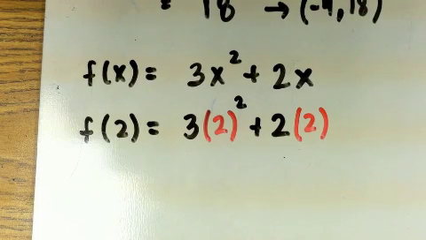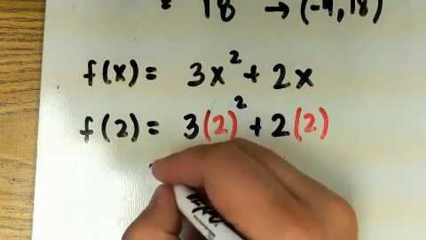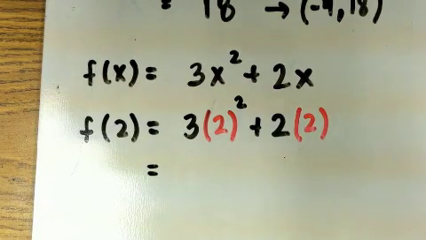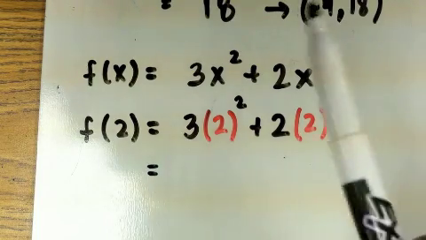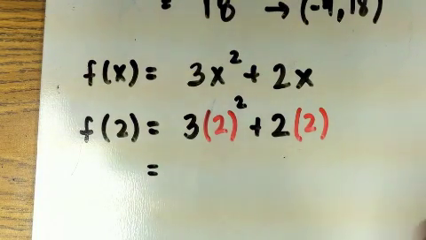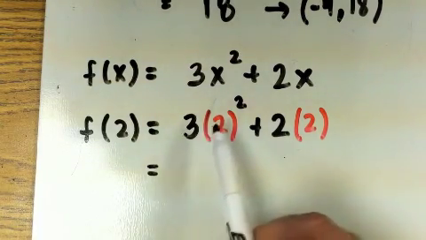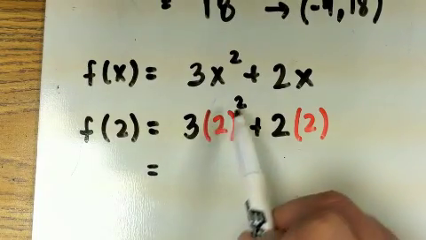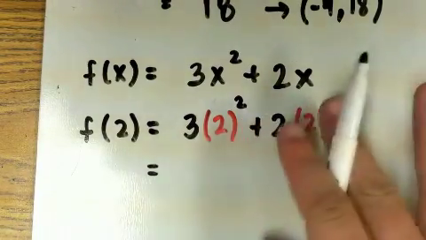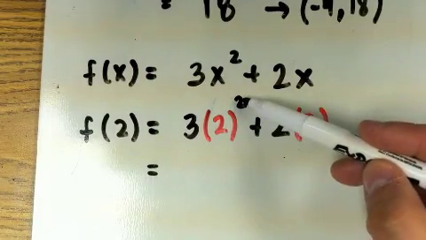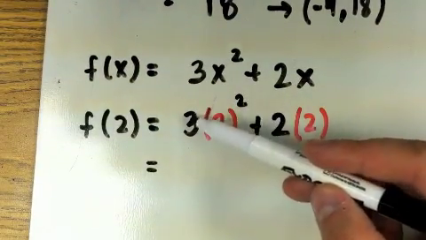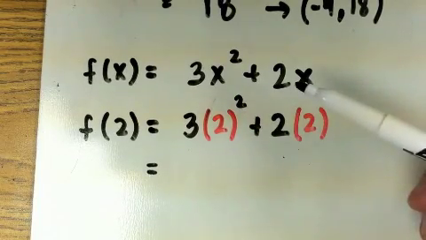All right. Now, big warning sign here, just a precaution, in case you're not really caught up with your order of operations. To interpret this, it is not 3 times 2 to the second power. No, no, no. It's 2 to the second power times 3, because exponents come first.